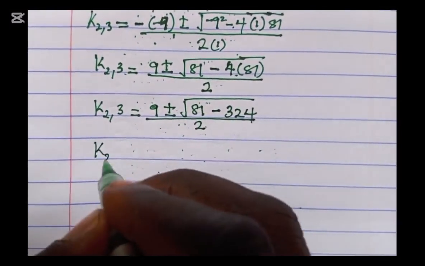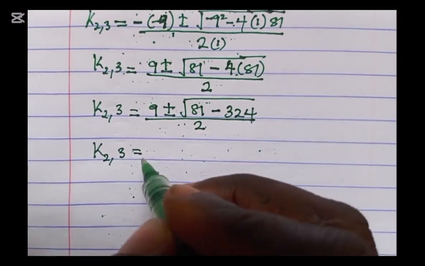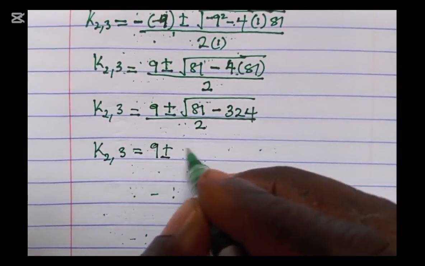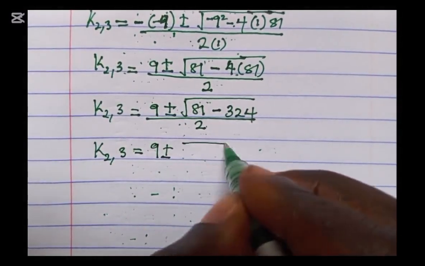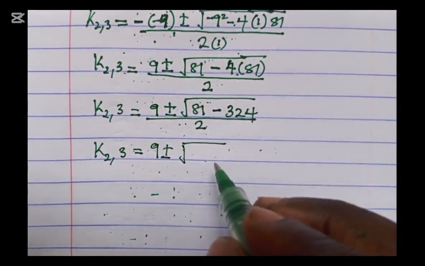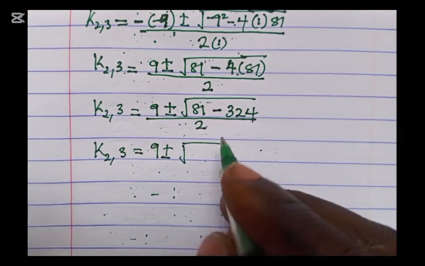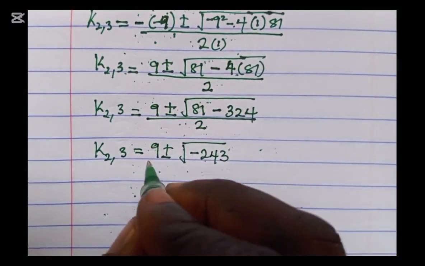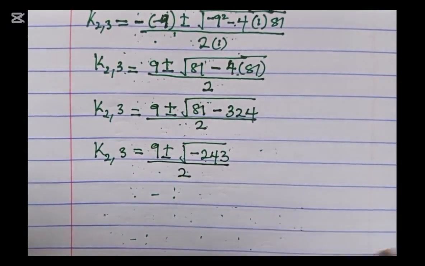So we have k2, 3 equal to 9 plus or minus. If we subtract this, what do we have? I'm going to have minus 243 divided by 2.